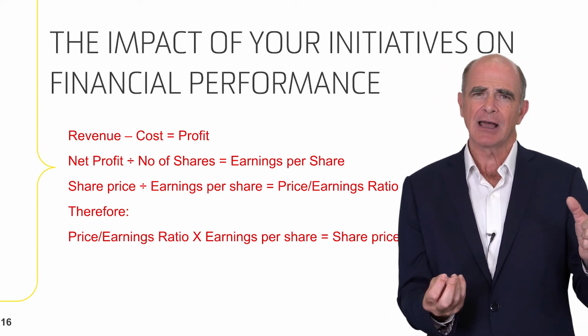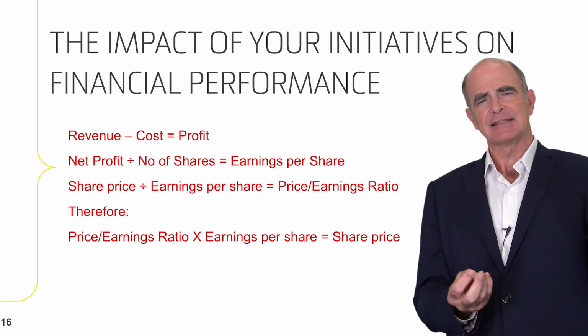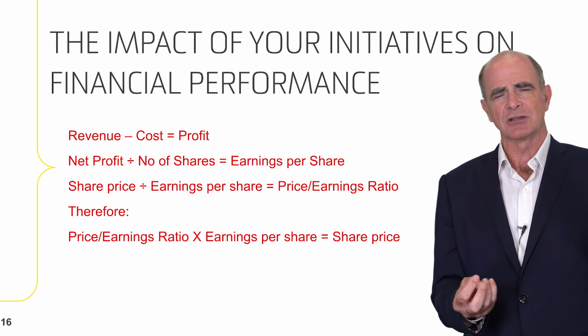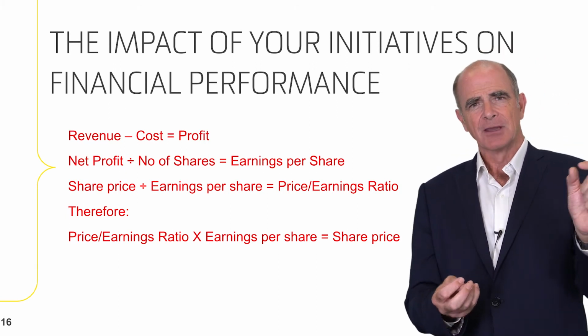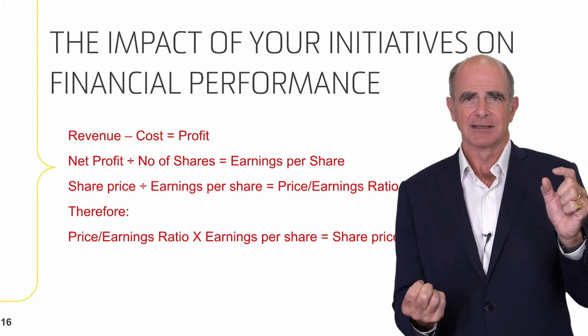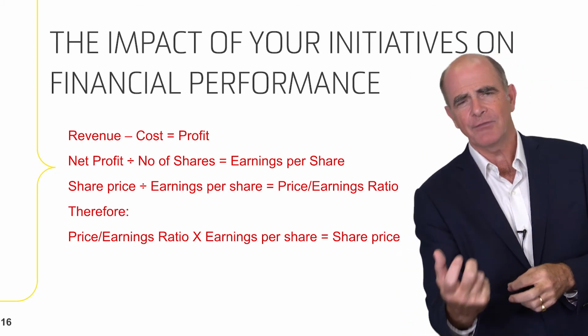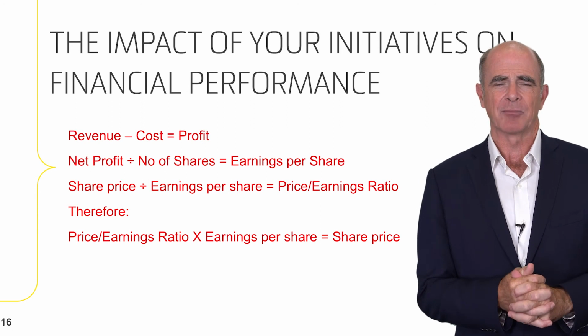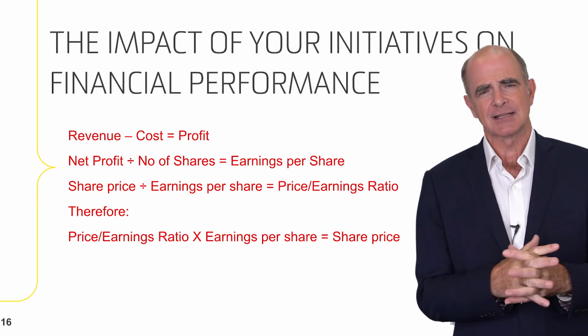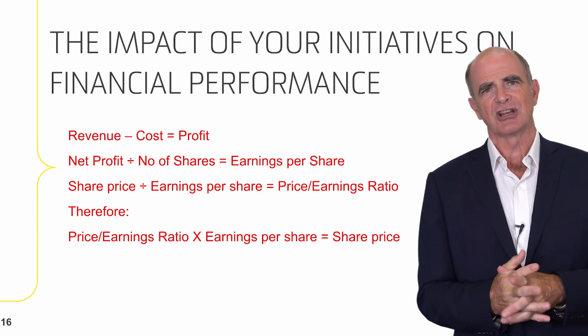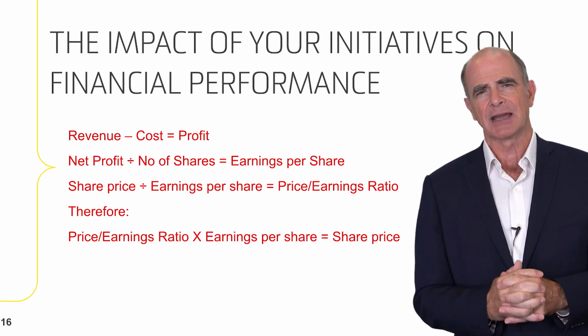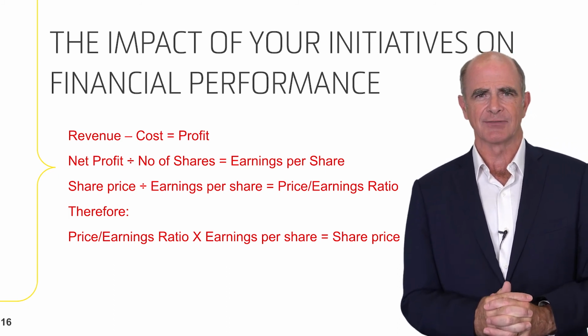You'll quite often find something like a 10% increase in revenue in an organization can double the profit, which will double the share price. So a minor change at that revenue and cost line can make a significant difference when you get down to the share price. I know this is a complex subject, but I'd really encourage you to have a go at trying to work out the impact of your projects on the share price of the organization.